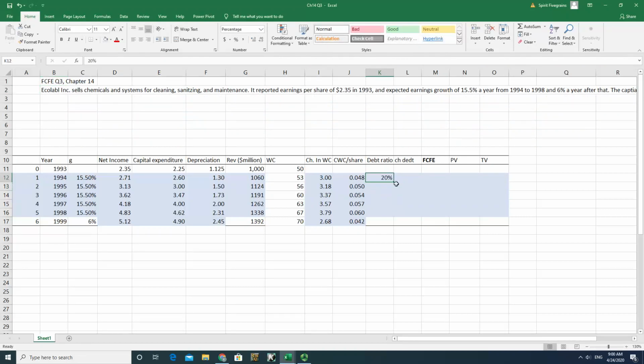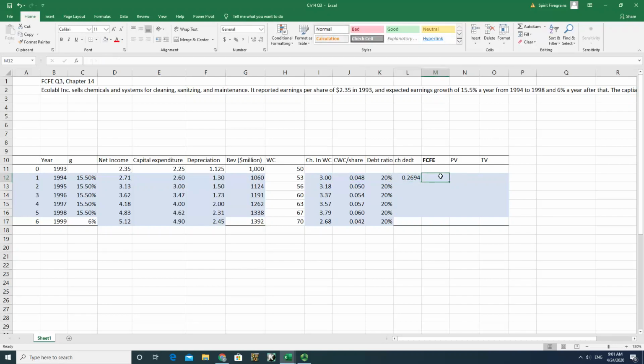So the company is going to finance reinvestment by using debt, and therefore the company needs to issue more debt. The change in debt would equal capital expenditure minus depreciation plus change in working capital, all times the debt ratio. That gives you change in debt.